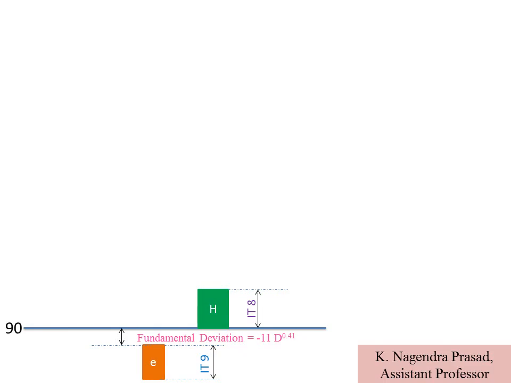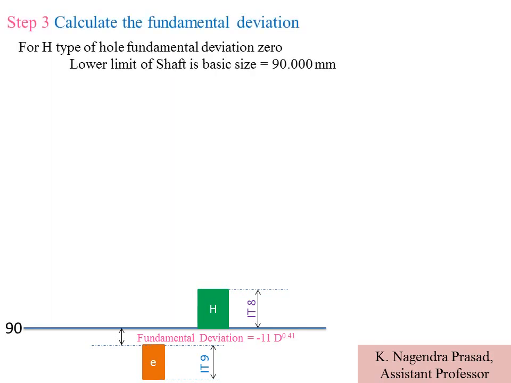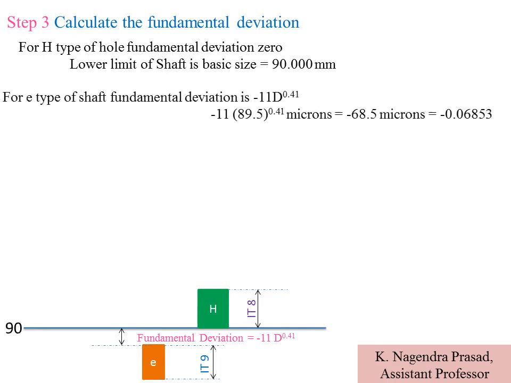Next, the third step is to find the fundamental deviation. For the hole, it is given that it is the H type of hole, so the fundamental deviation is 0. Similarly, we have to find the fundamental deviation of the shaft, which is given as minus 11 into D to the power 0.41. Here the D value is the geometrical mean, which is equal to 89.5.